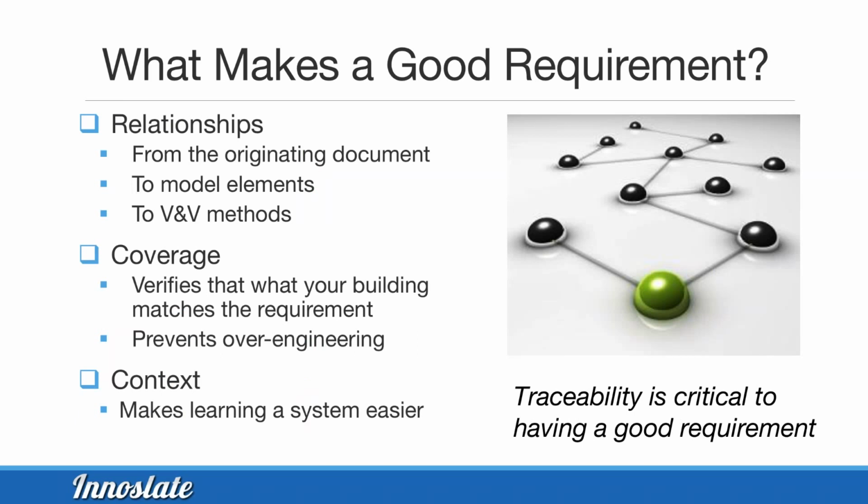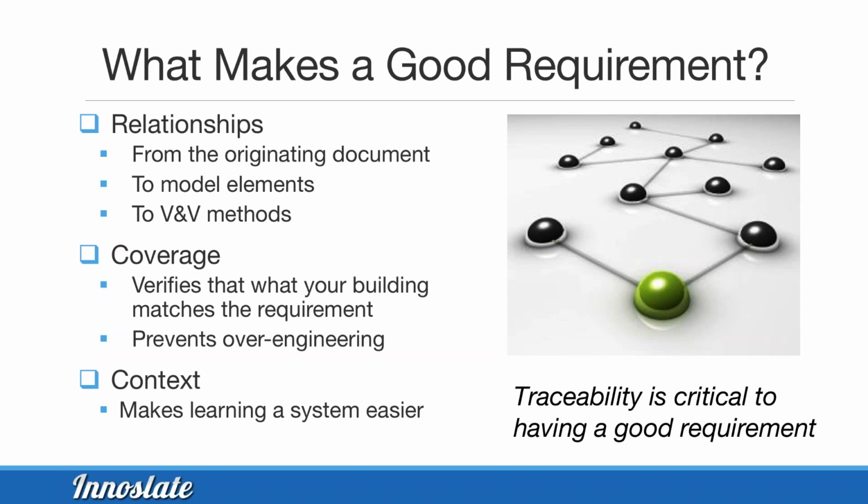So another thing that makes a good requirement is a set of relationships. In other words, making sure you can trace it through from the originating document into modeling elements, into the verification and validation methods, that you're covering what you need. Make sure that it gives you everything, that you aren't over-engineering the problem as well.